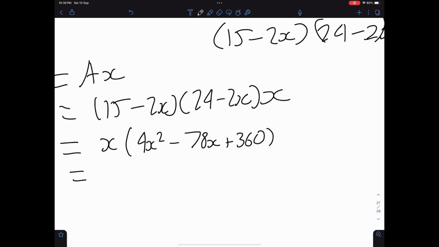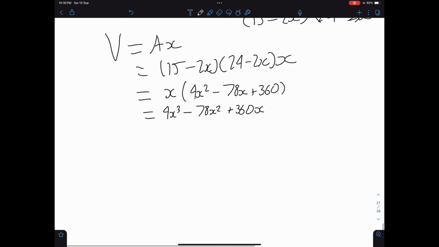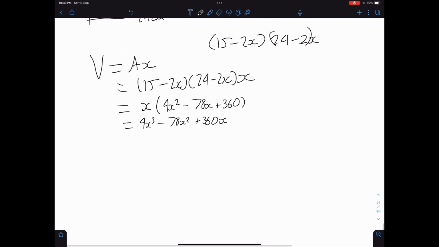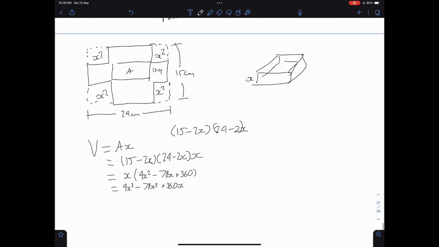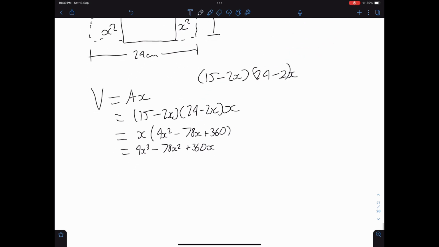So then our volume will become 4x cubed minus 78x squared plus 360x. And now we're trying to figure out the stationary value of V, and whether it's a maximum or minimum.